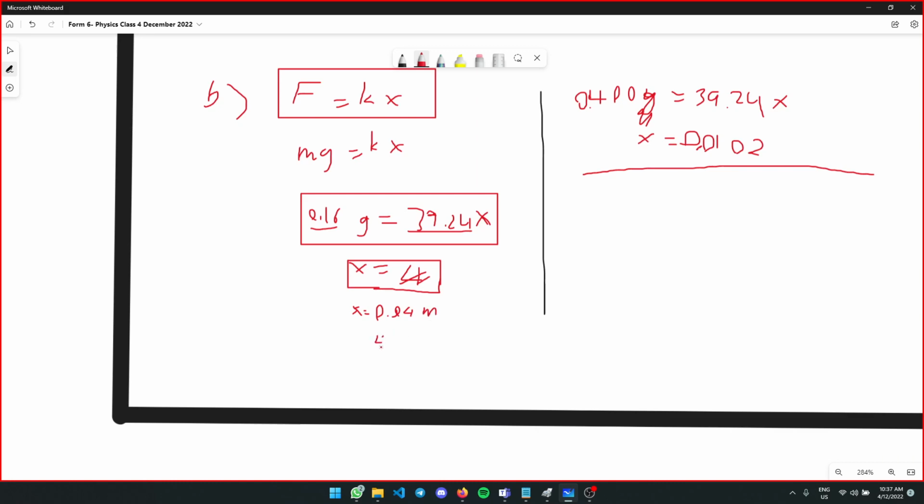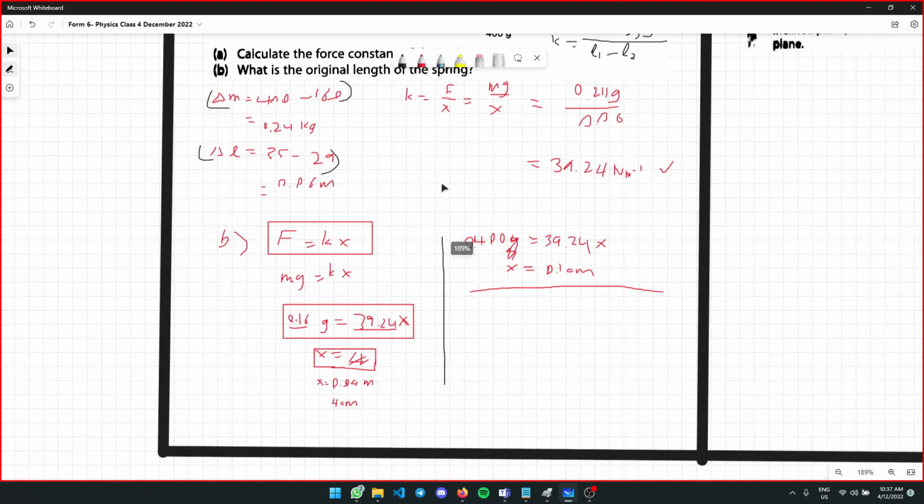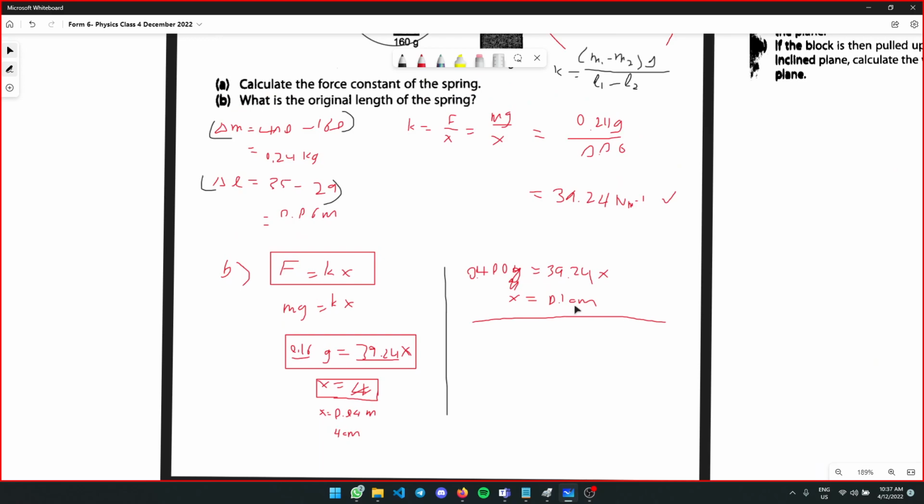The second one, I get 0.1. Yep, you should get these two. Then you can use both of them respectively. The unit is meter, right? Yeah, it's meter.